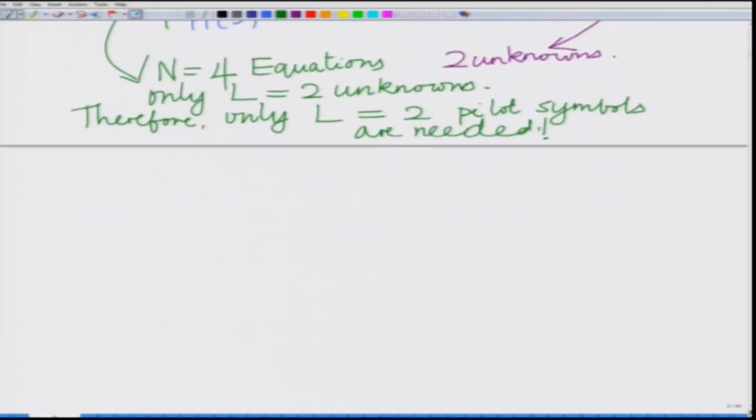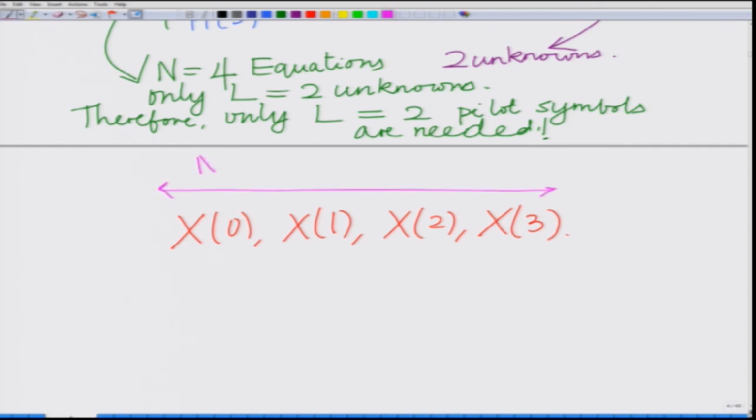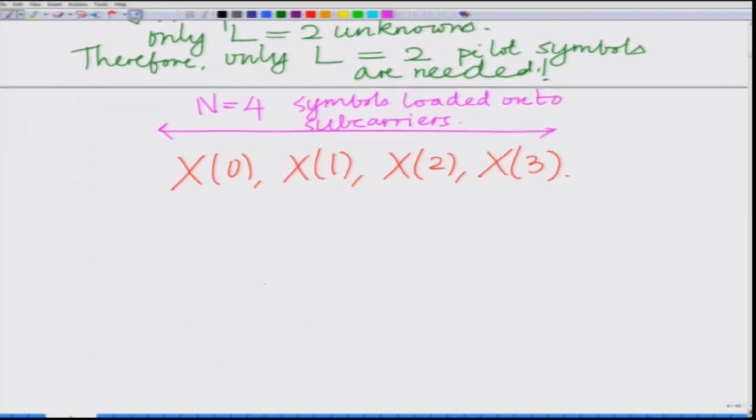So, what I am going to say is we need L pilot symbols. Remember we started with capital X0, X1, X2, X3. These are the N equal to 4 symbols loaded onto the subcarriers. Previously all these N equal to 4 symbols were pilot symbols. However, now we will only need 2 pilot symbols.